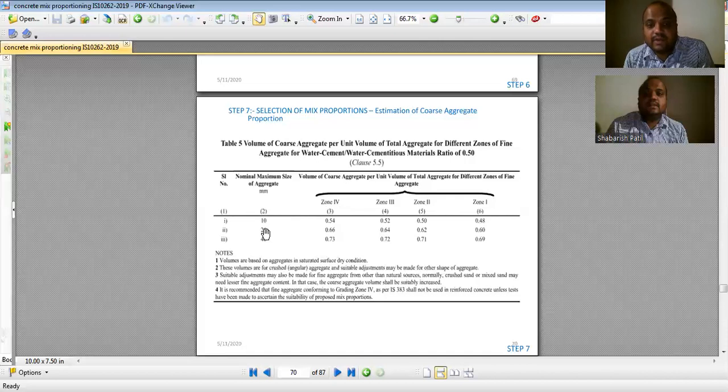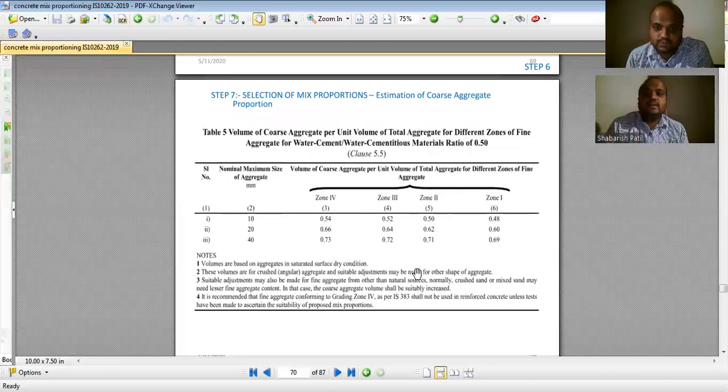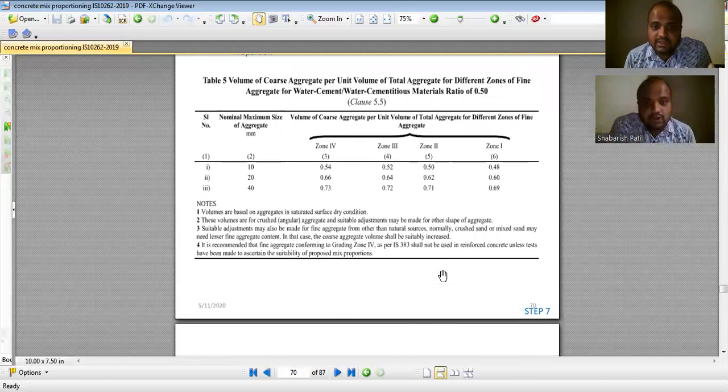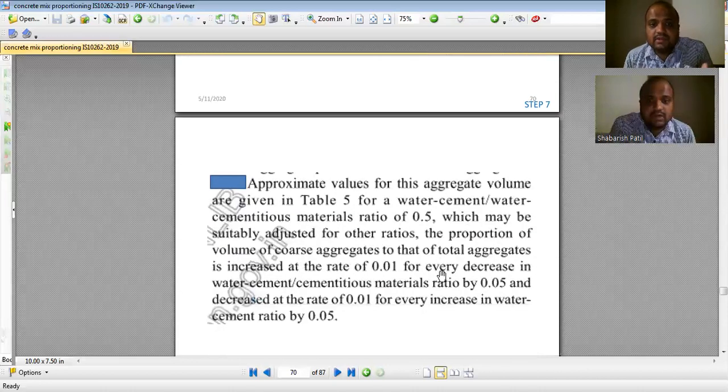So for 20 mm, with zone 2 fine aggregate, the volume of coarse aggregate becomes 0.62. I should use this value. I can write this as VC, the volume of coarse aggregate, equal to 0.62. I need to record this and go further with the calculations.